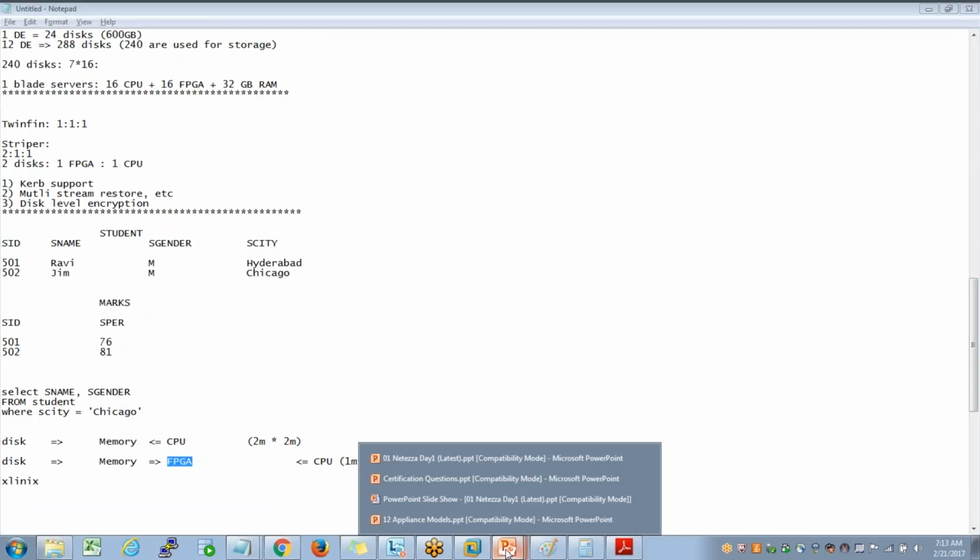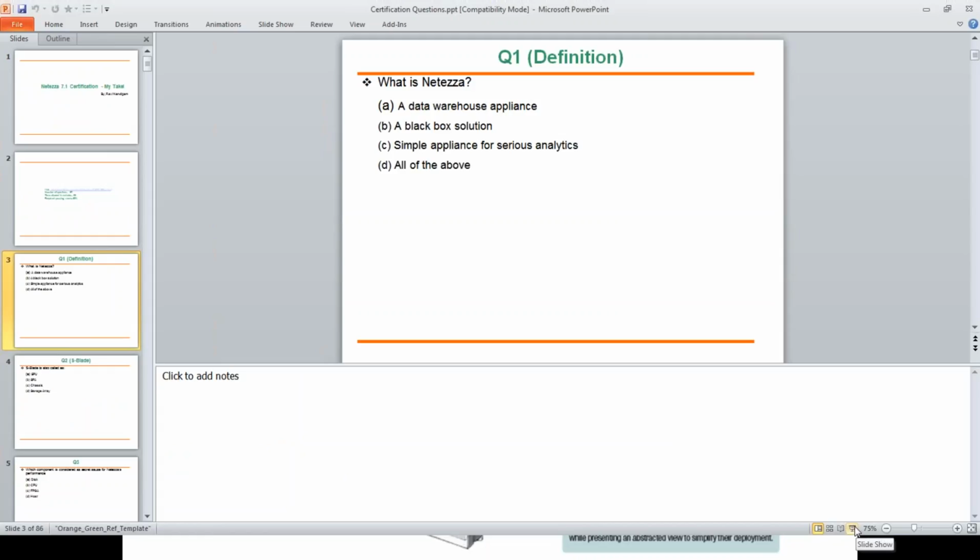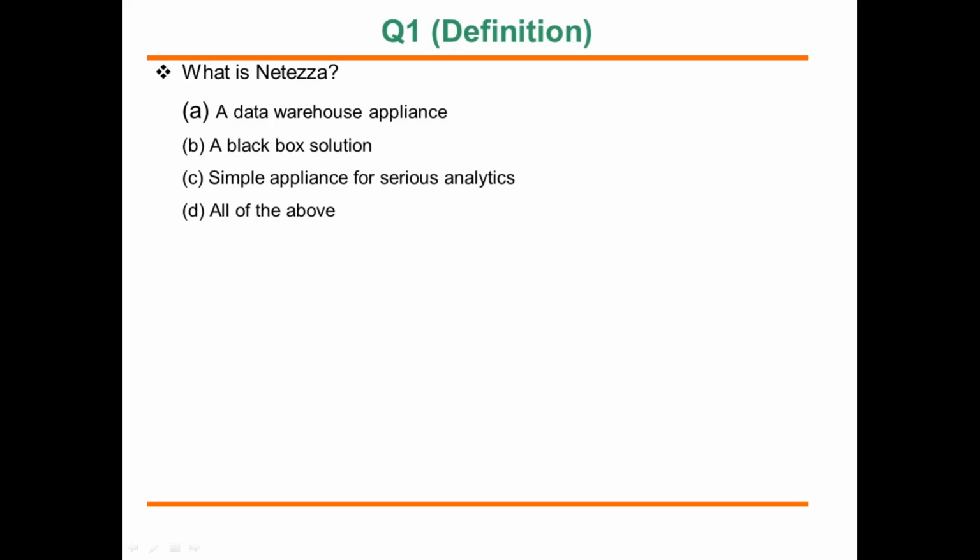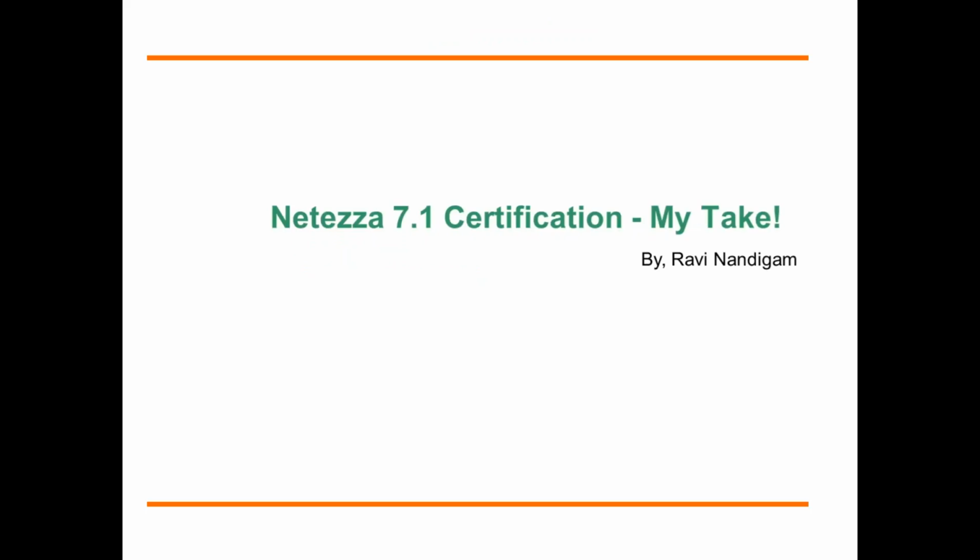Let's quickly go through some of the questions. These are not at the same toughness as the real certification, but here is a link. I will share you this PPT. Here is the link where you can see the certification information.